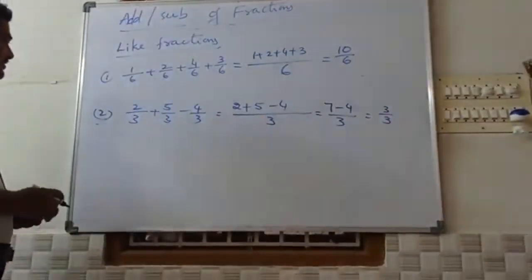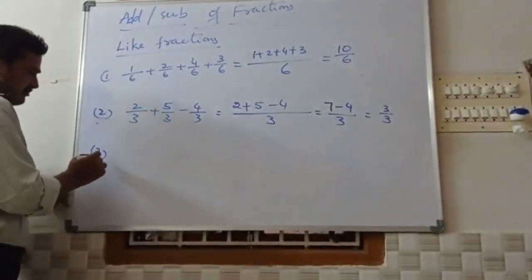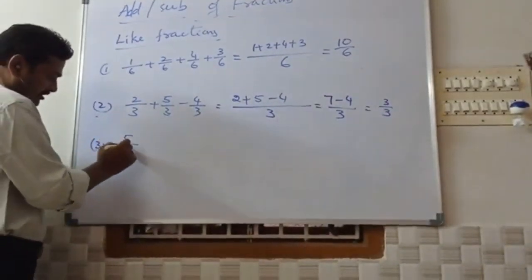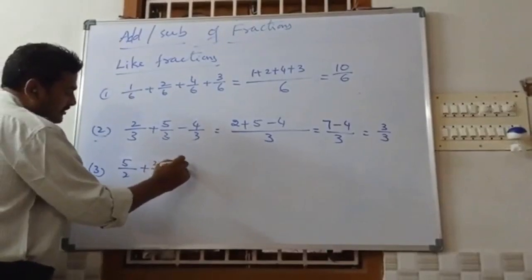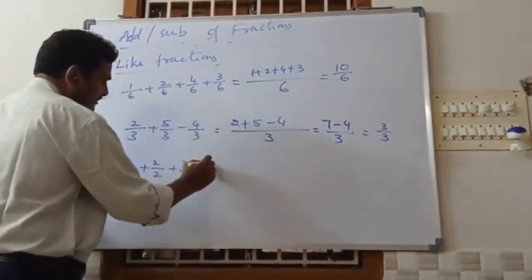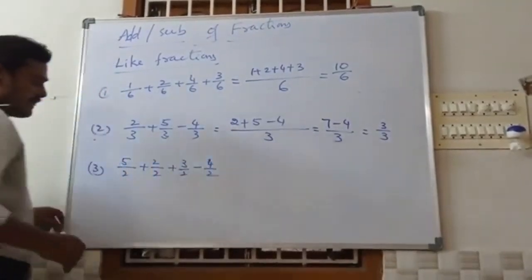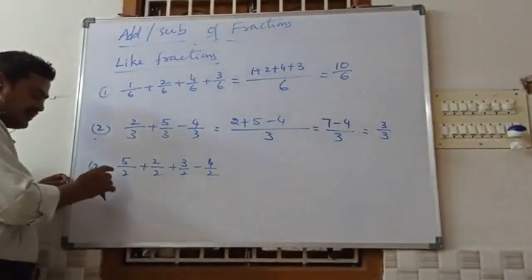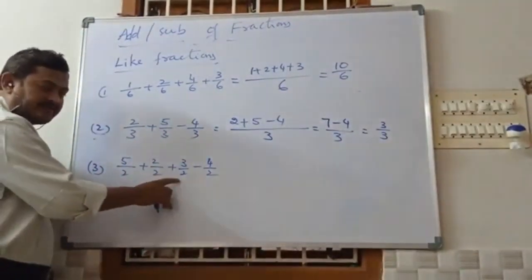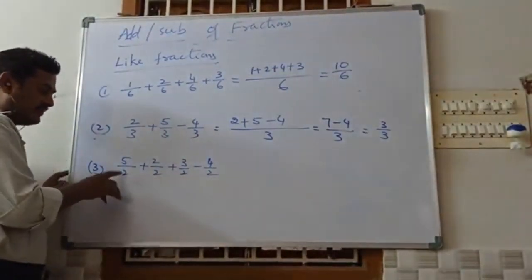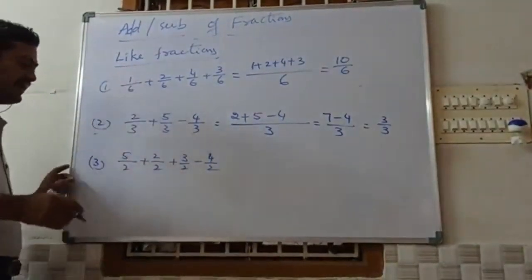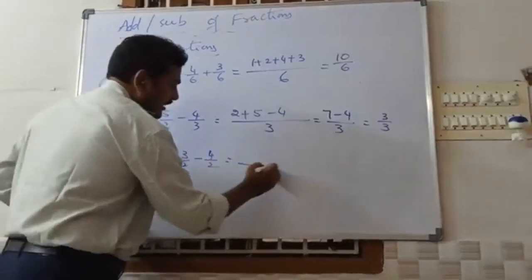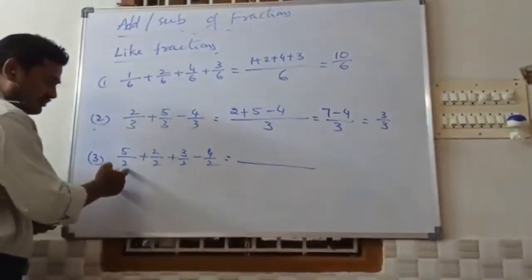Another example, 5 by 2 plus 2 by 2 plus 3 by 2 minus 4 by 2. Here if you observe all the denominators, they are the same, that means these are all like fractions.